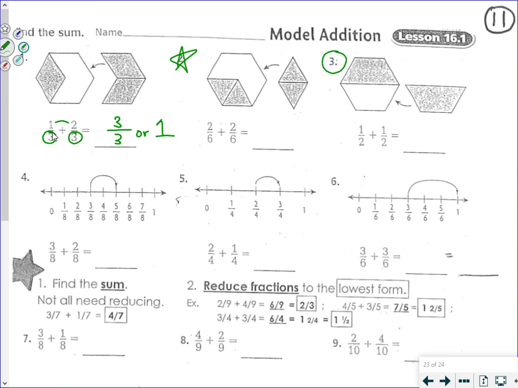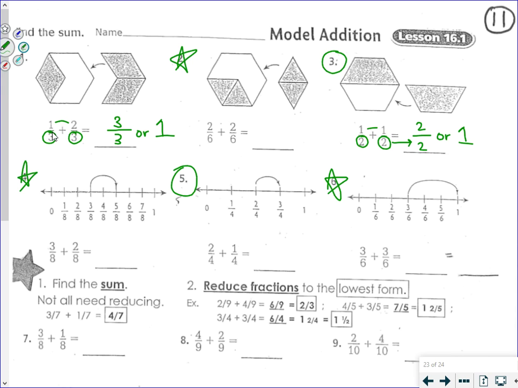Pause the video. So we have like denominators, same denominators. So we just add across: 2/2, because our denominator stays the same, or 1. This one will be extra practice, and then this one will be extra practice.